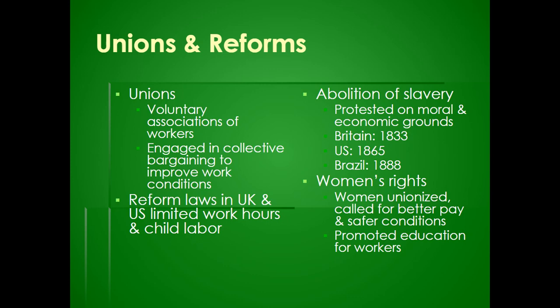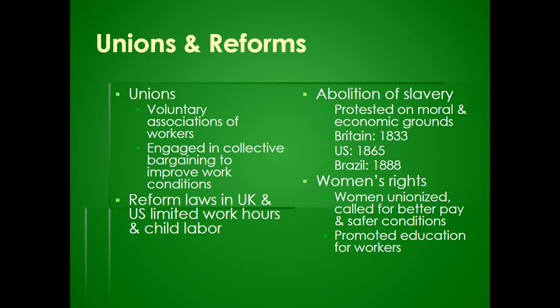We also see the abolition of slavery. So that's going to be a practice that is abolished. We went over that with the Enlightenment, and also the women's rights movement. So this called for better pay for women, better and safer conditions, because at this time, before we have these reforms, not just for women, but for anyone, there is no protection in the workplace.